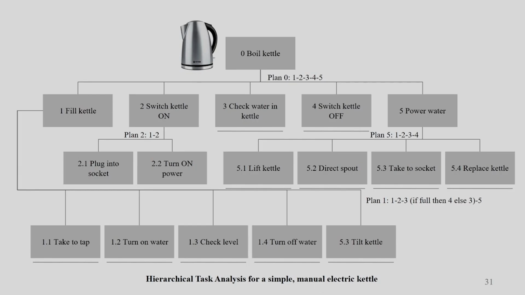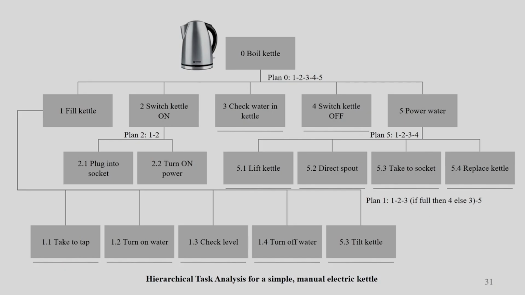If that is so, the first step is to fill the kettle, because you have to check whether there is water or not. So fill the kettle, switch on the kettle, and check the water level in the kettle. Then if it is boiling, you switch it off and pour the water.